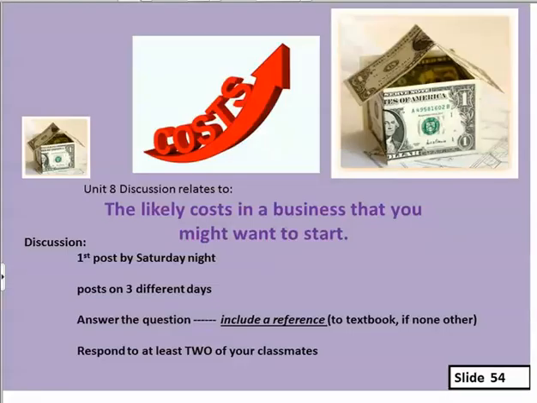You'll have a discussion thread that's going to look like costs, but it asks you, if you were to start a business of your own, what kind of costs are you going to have to deal with? So it gives you a chance to exercise your brain a little bit, especially if you've ever brainstormed the possibility of having a business of your own. If not, you can always use our pie example and discuss costs related to the pie baking company.